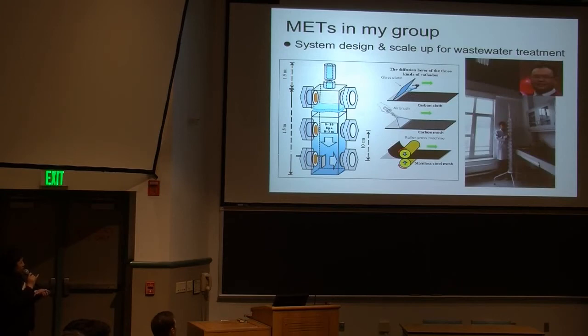Using this specially designed test tube, we found that activated carbon can work at 3 meters water head, carbon mesh at 1.3 meters, and carbon cloth just 80 centimeters. This work was done by Wei Hua, who is now working here at Penn State.